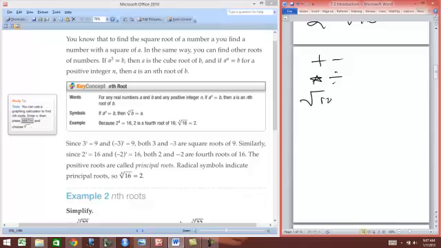Let's just say root and power, inverse operations of each other. And just like we use the plus and minus inverse operations and the multiplication and division inverse operations to solve equations, to find unknowns, we will use the reciprocal operations of root and power to solve equations in a little bit.